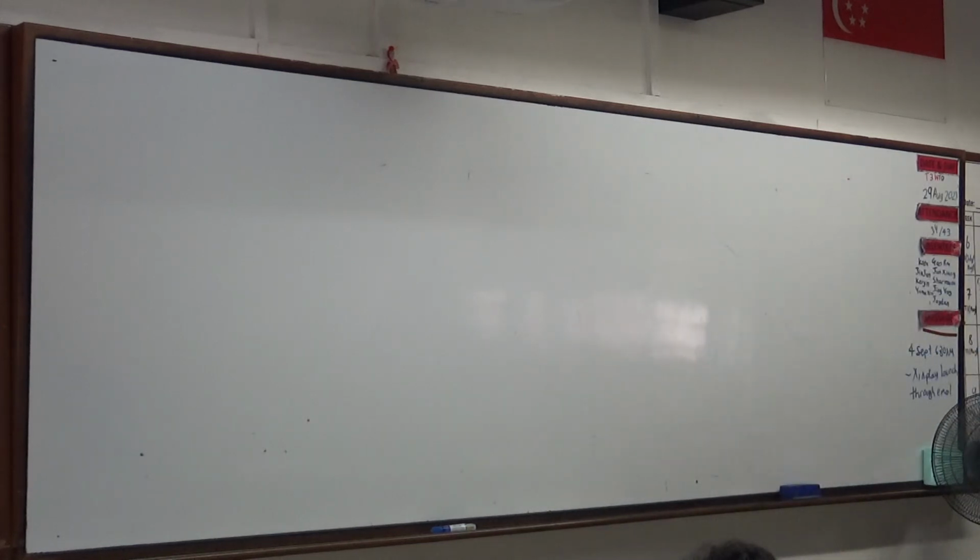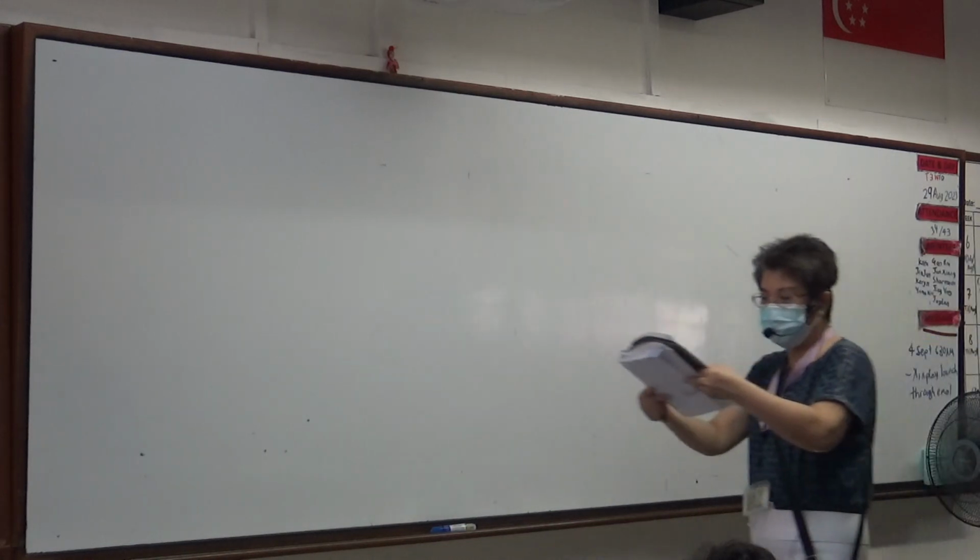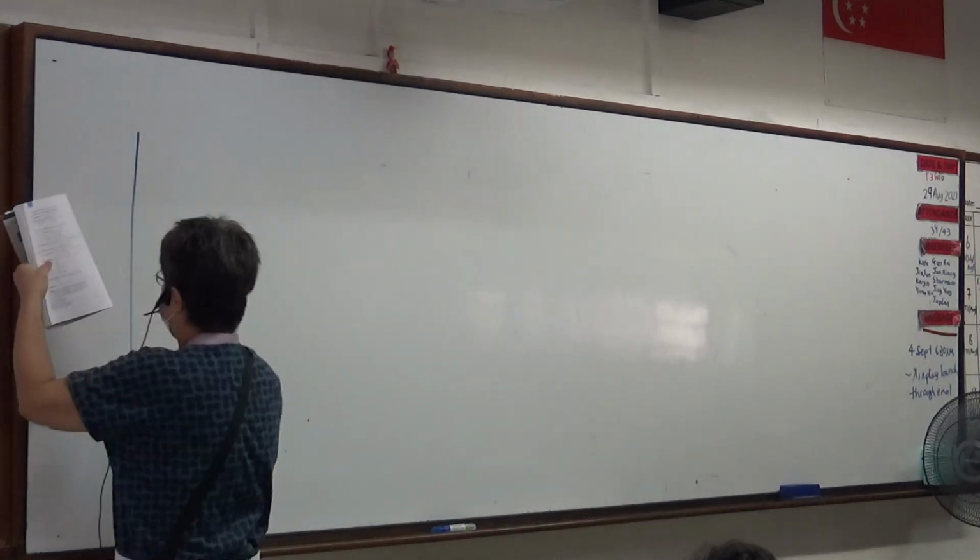Let's take a look at example 5. I'm going to sketch the diagram on the board first. You all read through the questions so that you can understand what it's talking about.